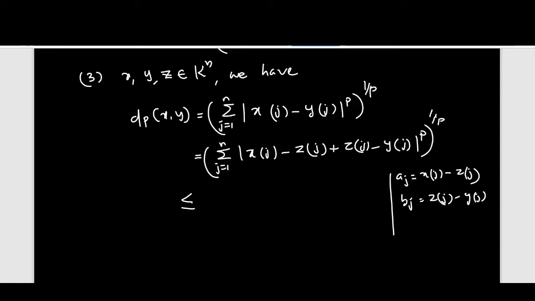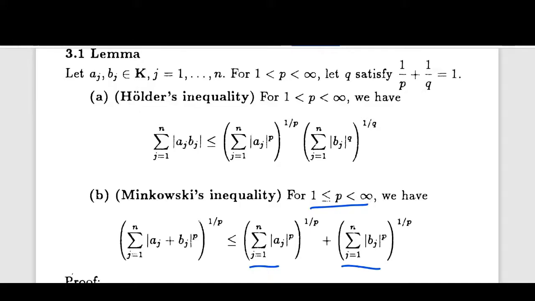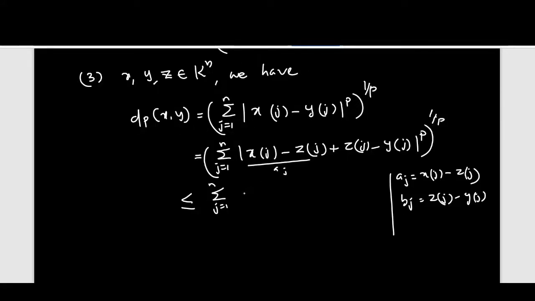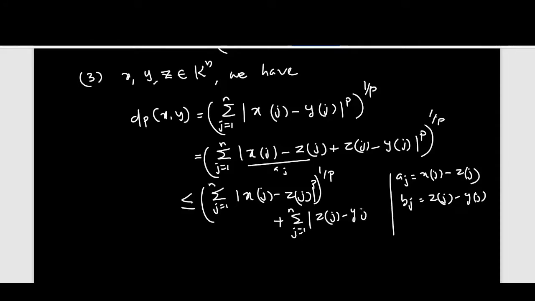So we have less than or equal to, by Minkowski inequality, summation j varies from 1 to n, |a_j|^p, whole raised to 1 by p, where a_j is this one, so |x_j minus z_j|^p, whole raised to 1 by p, plus summation j varies from 1 to n, |z_j minus y_j|^p, whole raised to 1 by p.